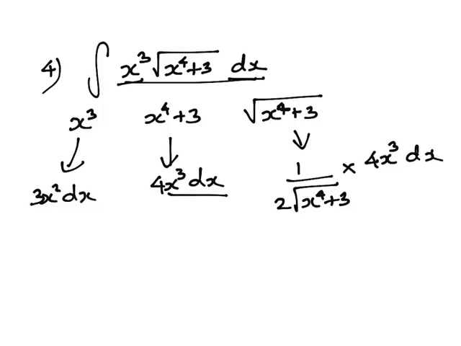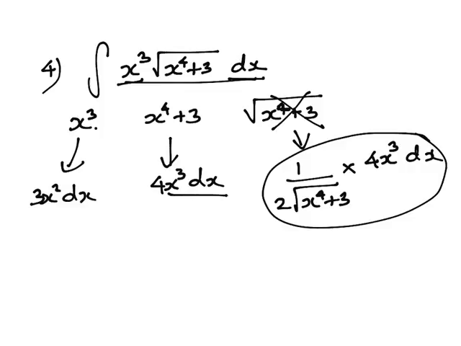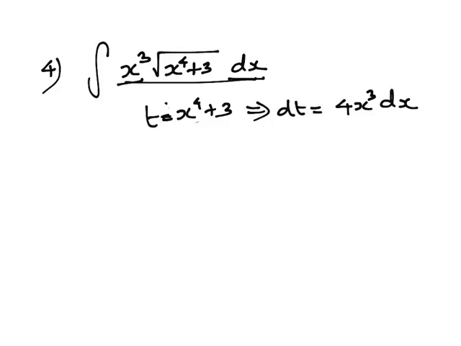Now it looks very complicated, isn't it? So this is not t and this is not t, so this is t. Fine.